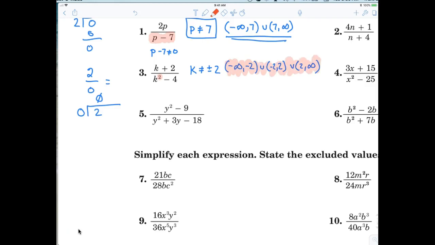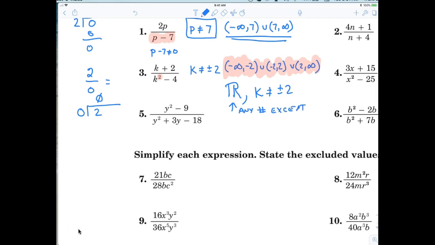And then a more traditional way of writing it would be all real numbers, comma, k cannot equal plus or minus 2. That would be the other way you could write that. This symbol right here means any number except what?